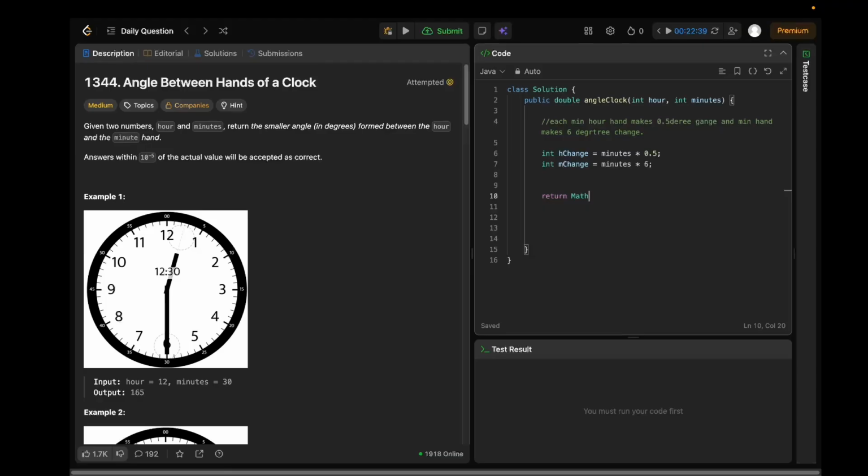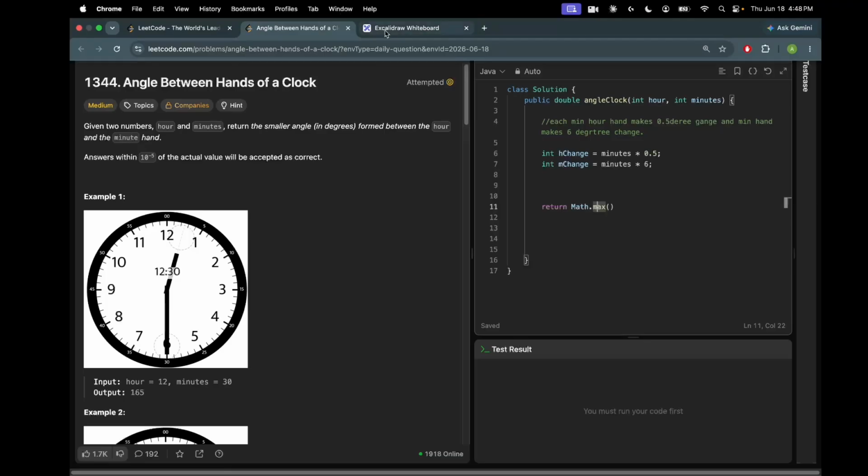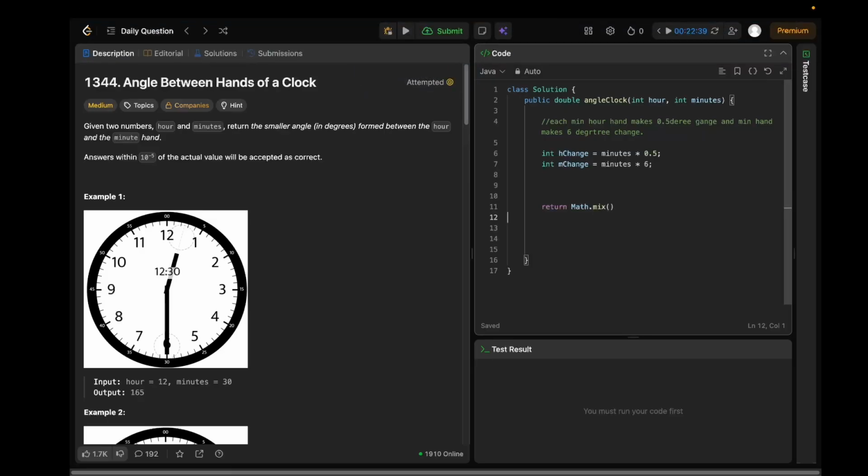return math dot minimum, right? We will get the minimum value of math dot absolute of the change.